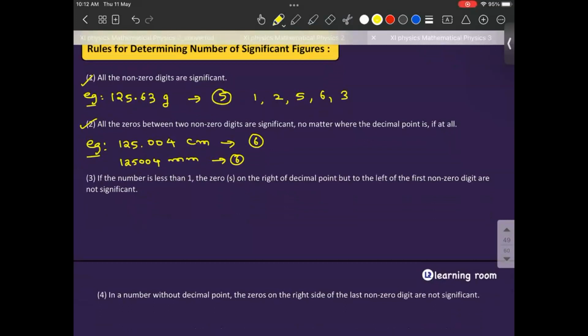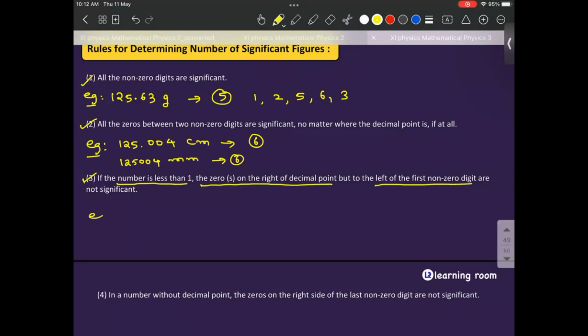And the third point is, if the number is less than 1, then the zeros on the right of the decimal point but on the left of the first non-zero digit are not significant.